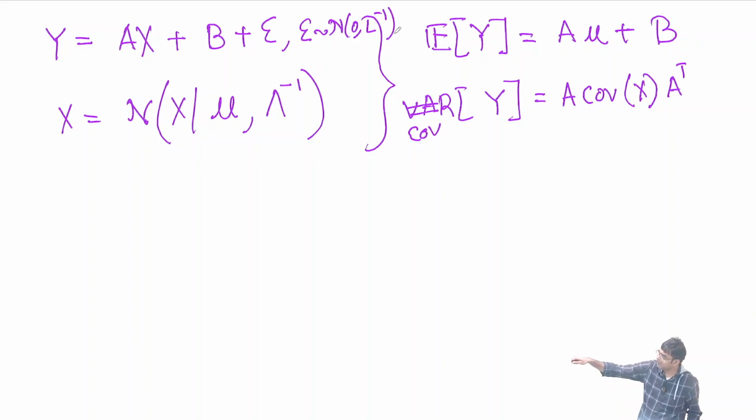It will be covariance of Ax, which will give you A covariance of x A transpose, plus covariance of b, which will give you 0, plus covariance of epsilon. Obviously, I am assuming x and epsilon to be independent. Covariance of epsilon will give you L inverse. Everyone follows this or not?